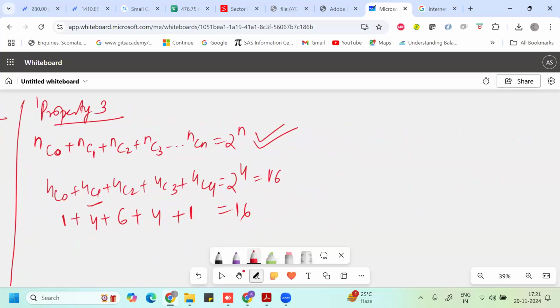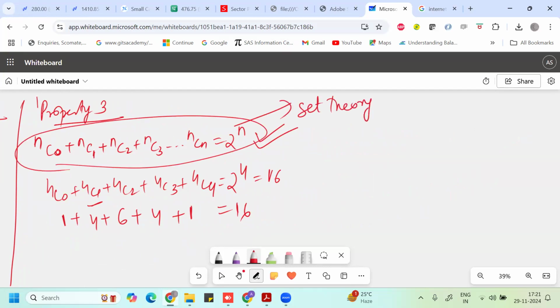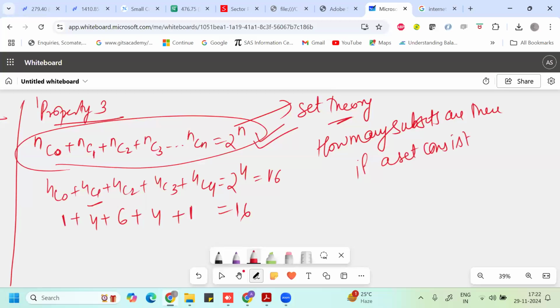If you remember, we use this concept in set theory. How many subsets are there if a set consists of n elements?